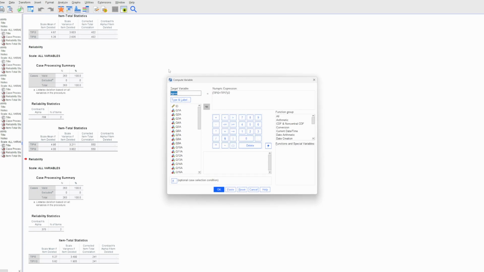Same thing here, so transform, compute. Let's go conscientiousness. I'll call it that because I'm lazy. So that was 3. Nope, TP3 plus TP8 after being reverse scored, of course.